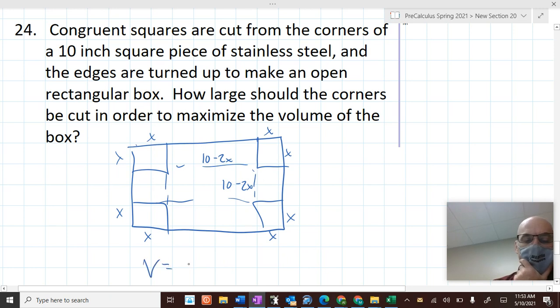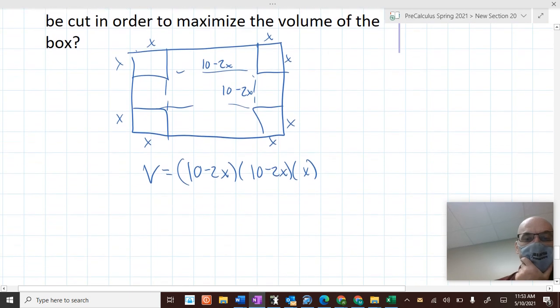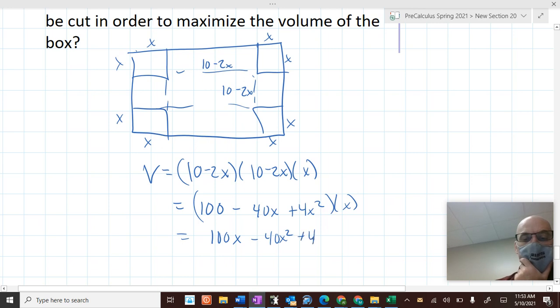So the volume of this would be 10 minus 2x times 10 minus 2x times x. So this is a volume function.